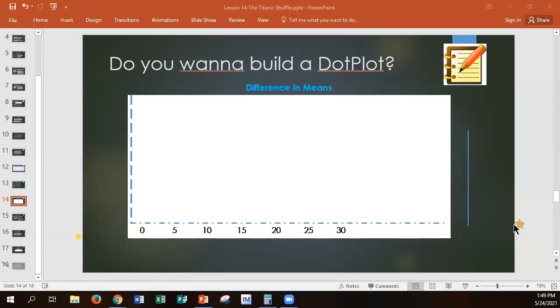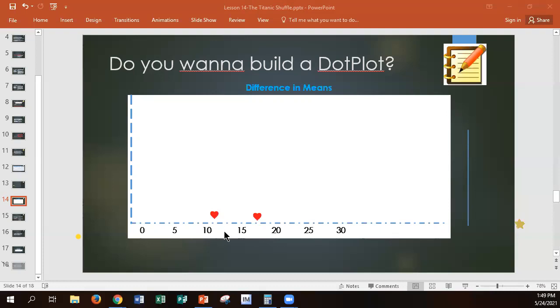Here's our 68. Devin, tell me the other numbers, the differences in your chart. 17.64, so that's gonna be somewhere in the middle here. 11.98.